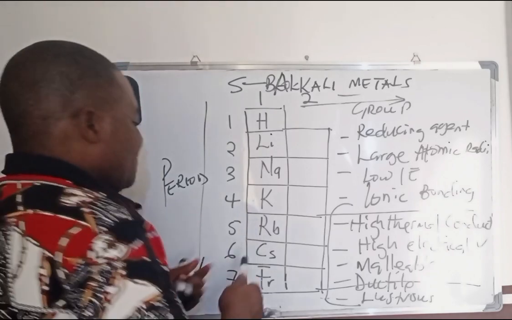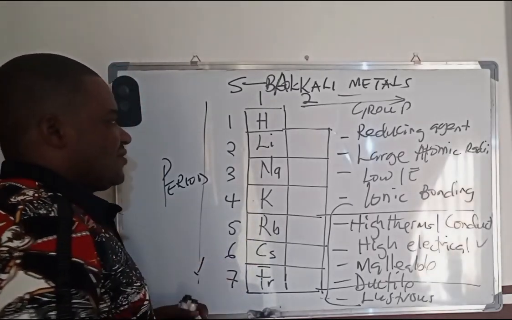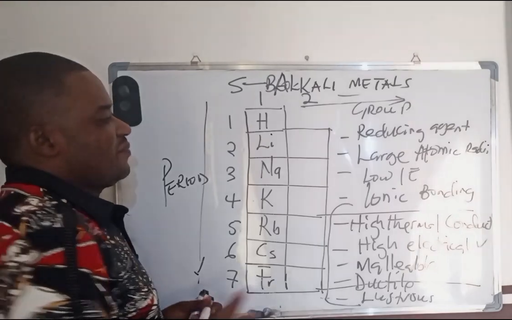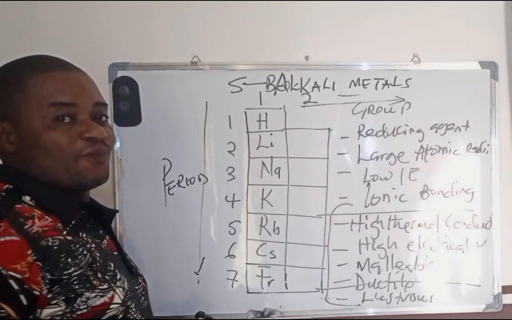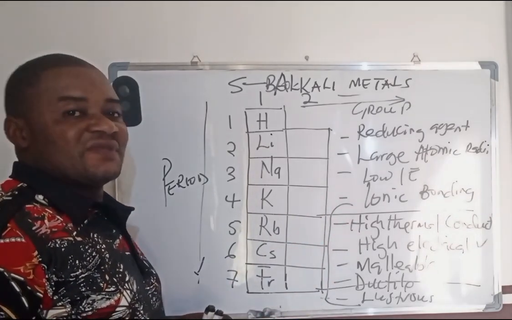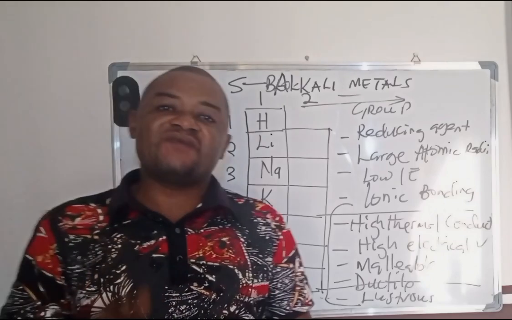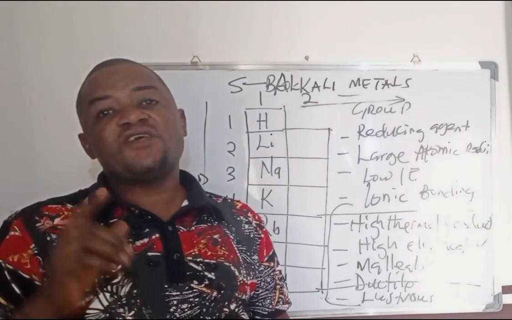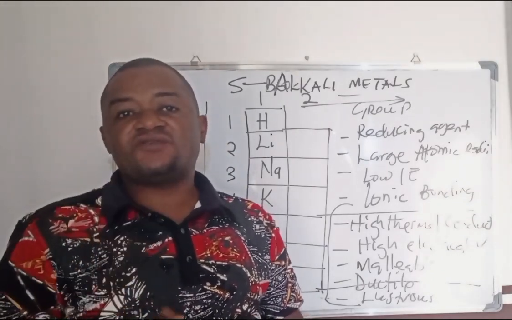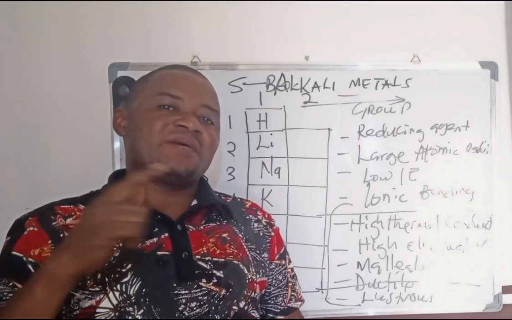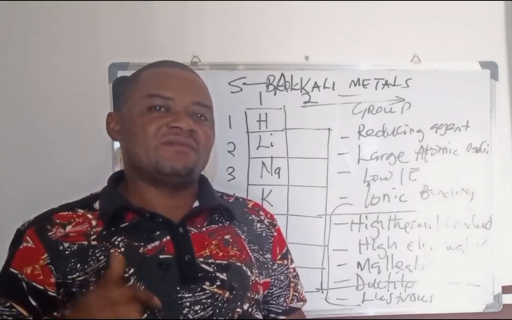Now, something that actually characterizes these alkali metals, apart from these qualities we put down here, is the fact that they carry just one valence electron. They have a unit valence. They have one valence electron only at their outermost s shell.